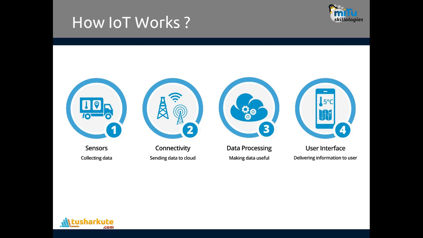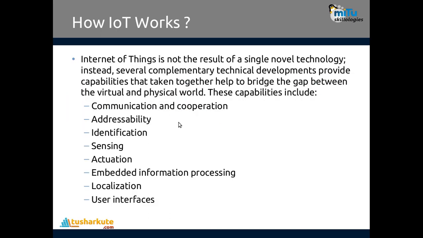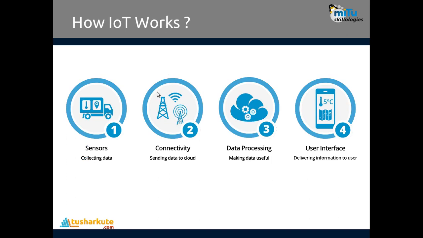So where do we start? Sensors will collect the data and send it through a connectivity mechanism to the data processing center. That's what we call the cloud, where data will be collected, though it's not compulsory that every data collection center has a cloud. Data can be collected by any mechanism.